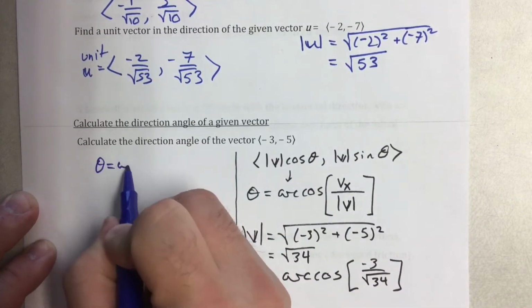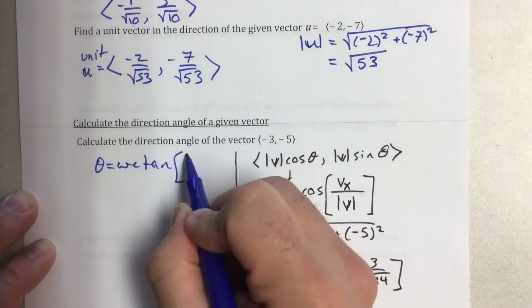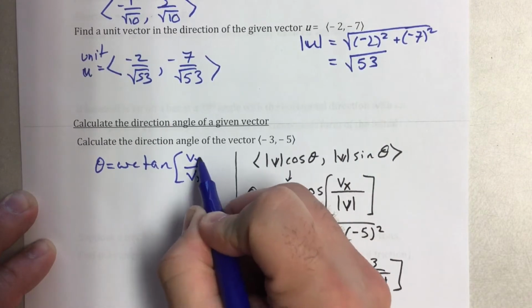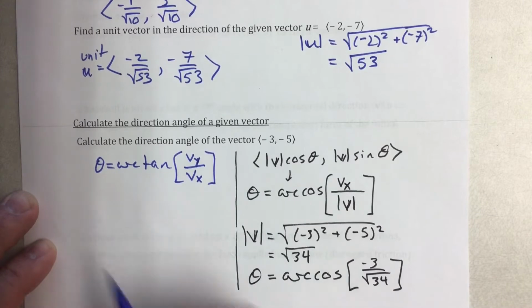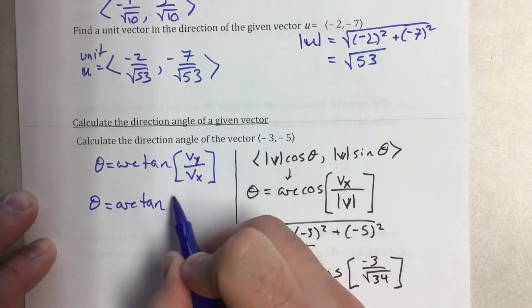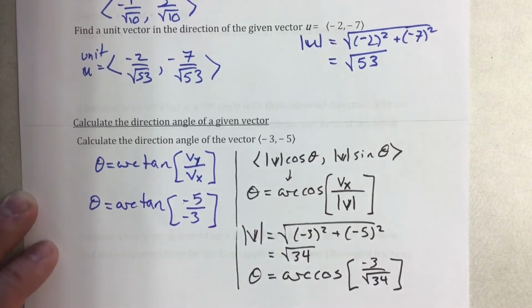I could do the arctangent of the y component of the vector divided by the x component. Doing that, I would not need the magnitude. So it would look like the arctangent of negative 5 over negative 3. And let's see what we get here.